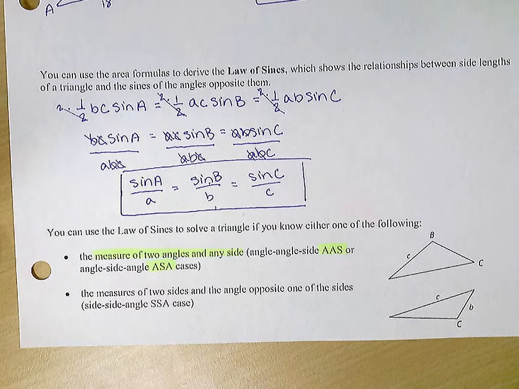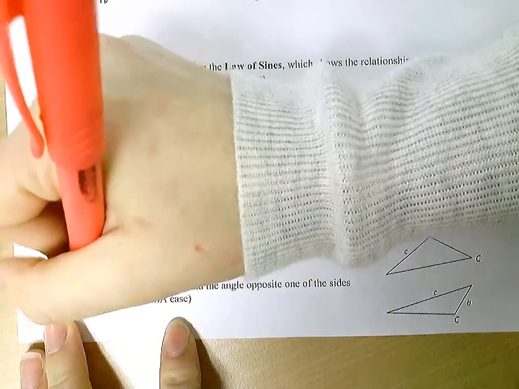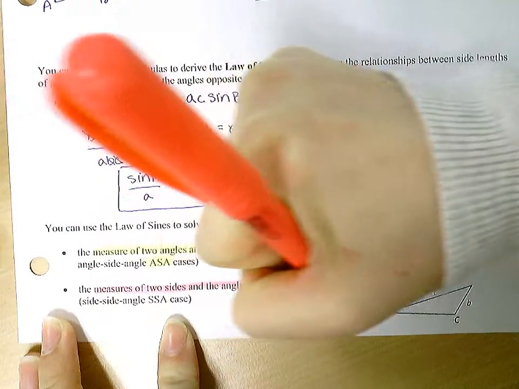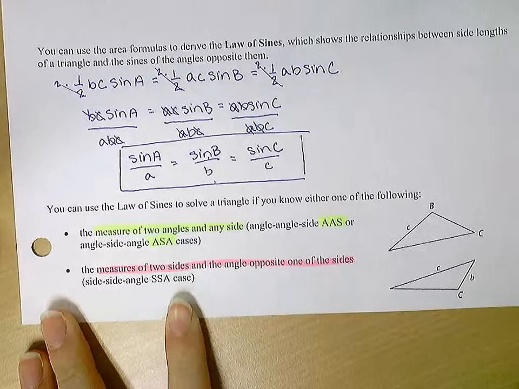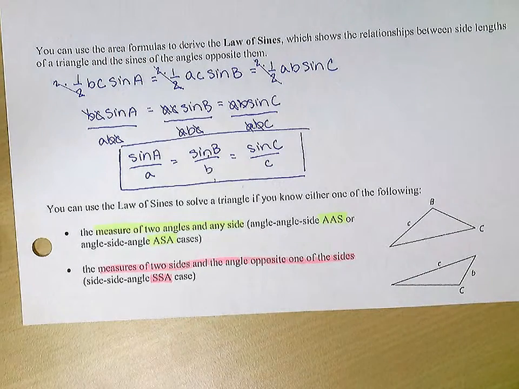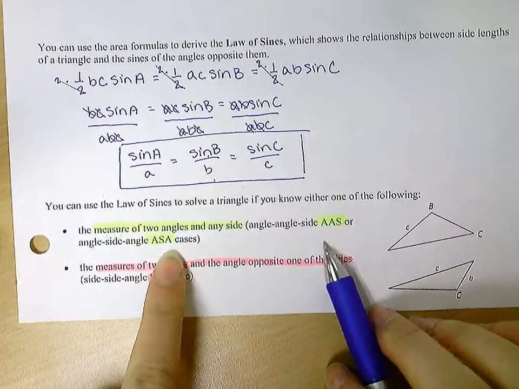Or you could have the measures of 2 sides and the angle opposite one of those sides, and that is the side side angle case. We're going to do that case tomorrow. We're going to stick with this first case today.